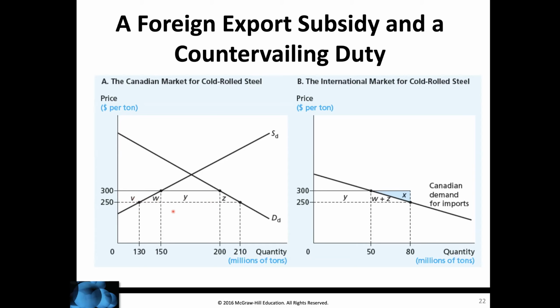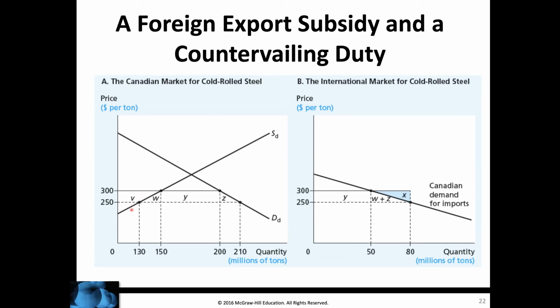Steel tons that each cost 300 of Brazilian resources to produce are valued at less than 300 per ton. So remember, this is the world price. Now they're valued at 250. What happens if the Canadian government imposes a countervailing duty of $50 per ton of imported steel?